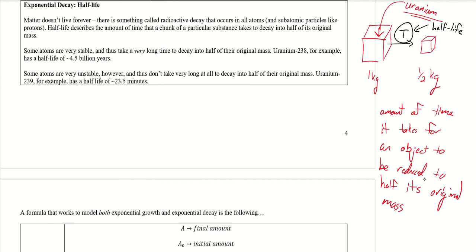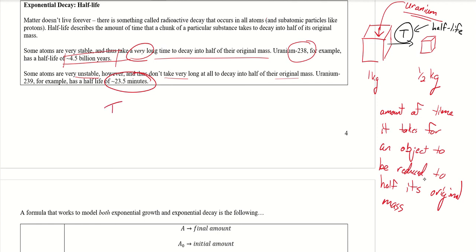So some atoms are very stable and thus take a very long time to decay to half their original mass. Uranium-238, for example, has a half-life of 4.5 billion years, which is around the current age of the Earth. Some atoms, however, are very unstable and don't take very long at all to decay to half their original mass. So another isotope of uranium, uranium-239, is incredibly unstable and has a half-life of only around 23.5 minutes.